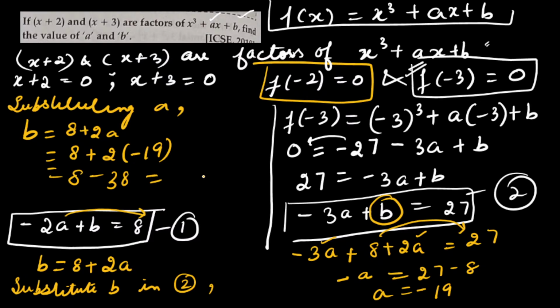So 8 minus 38 is minus 30, because plus minus is minus, the sign of the greater number. 38 minus 8 is 30, so minus. So a is equal to minus 19 and b is equal to minus 30.